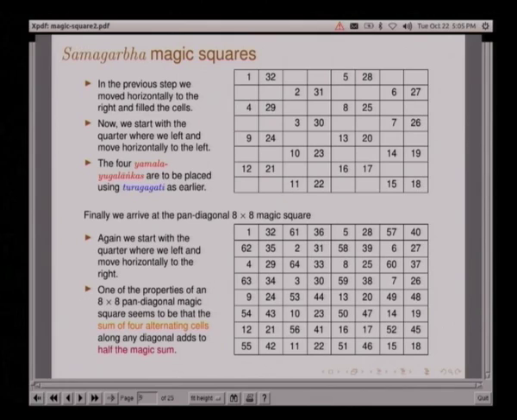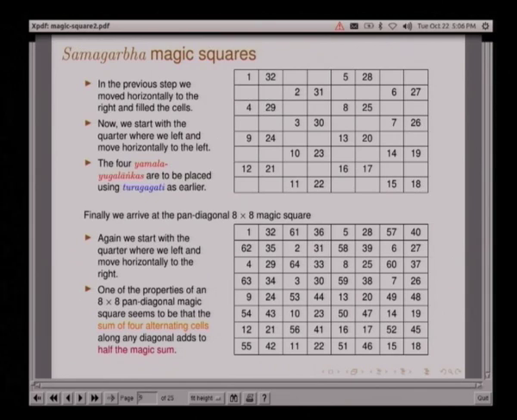So, 17, 18, 19, 20, and this pattern will be followed in all the 4 by 4 sub magic squares which are there in the 8 by 8 magic square. And having placed 32, we are placing 33 here, and then we move on in the same pattern 33, 34, 35, 36 and so on.